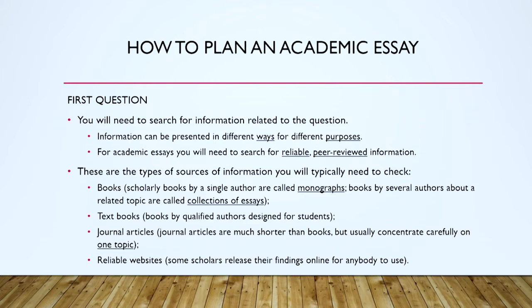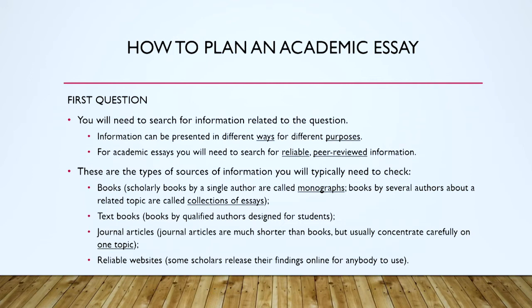The first question, you will need to search for information related to the question that is asked. Information can be presented in very many different ways and for different purposes. For an academic essay, you will need to search for reliable peer-reviewed information. We've spoken about peer-reviewed information.